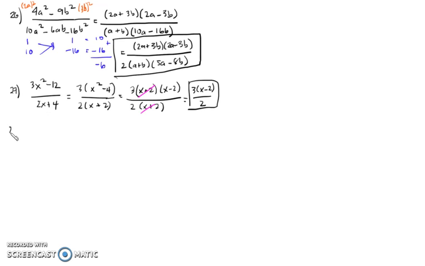So proceed. Number 28. The given is 64x cubed minus 1 all over 12x squared plus 13x minus 4. Let's take a look first at the numerator. For 64x cubed, I can simply get the cube representation, so you can write this as 4x cubed, since 4 cubed is 64.